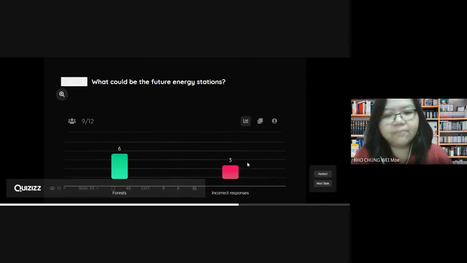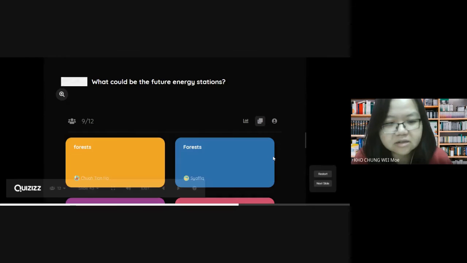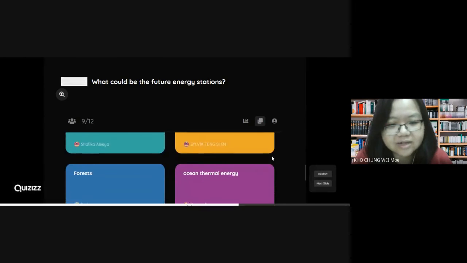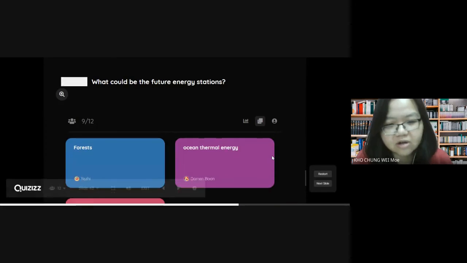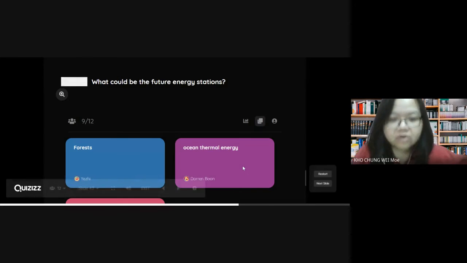Forest. Bingo. Let's see what's the incorrect answer. Right, so basically the one that's not correct, you got confused. Darren, you got confused by ocean thermal energy. 3 wrong, but I only got 1 correct. Let me see who else.